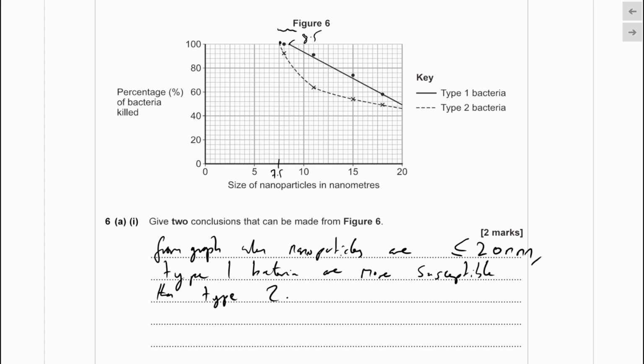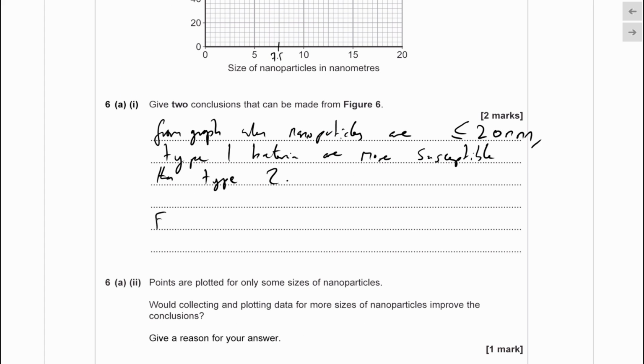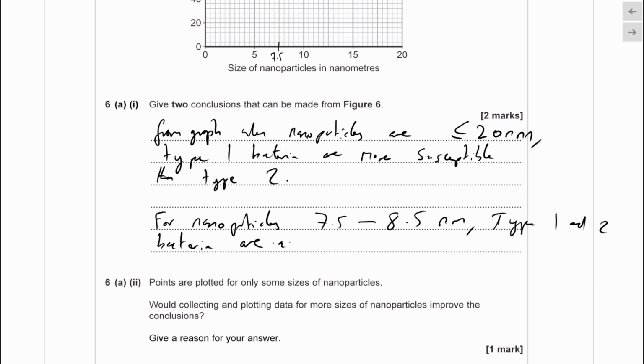Alright, so I'm going to say that for nanoparticles 7.5 to 8.5 nanometers, type 1 and 2 bacteria are all killed.